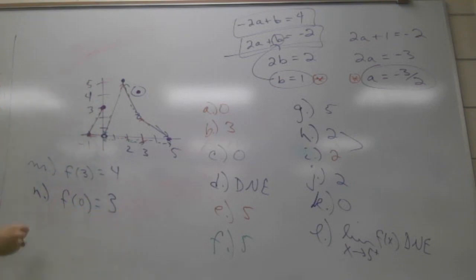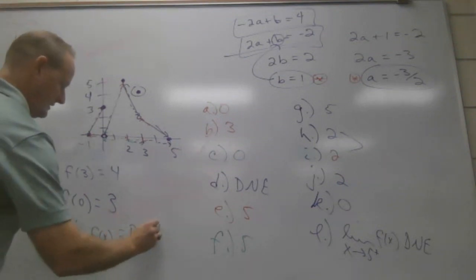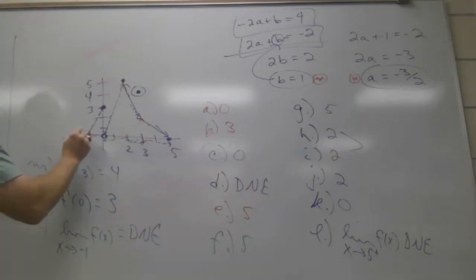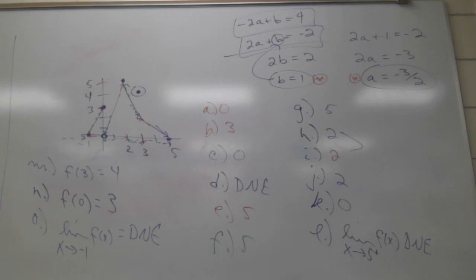So don't get confused about that. I got one more element, O. What's the limit as x approaches -1 of f of x? Does not exist because there's no left-handed limit. As you approach -1, there's no graph. Okay? So pretty simple stuff, right?